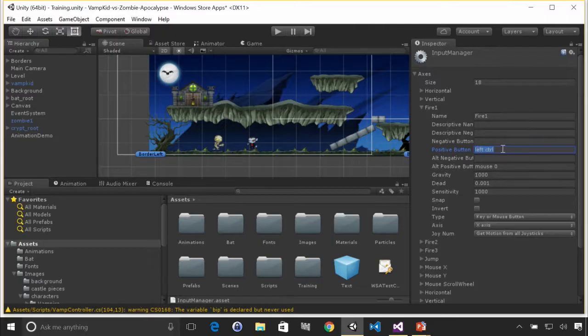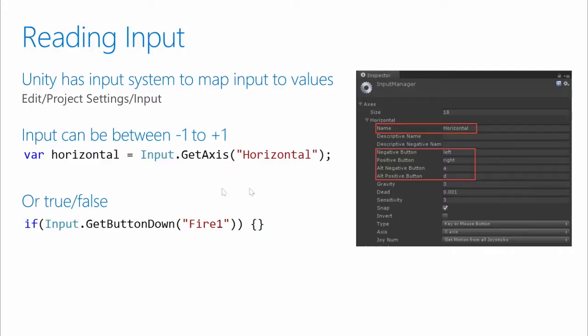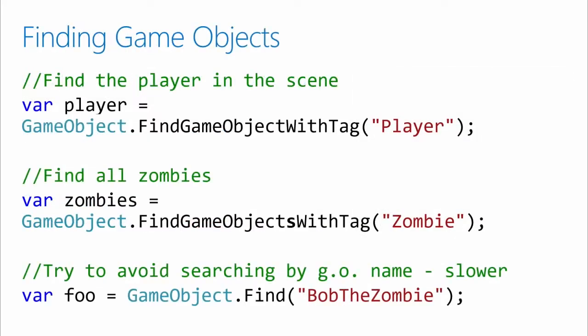My left control button will essentially give me Fire1, or my first mouse button, mouse 0. So if I ask Unity for Fire1, if either of these keys at that particular frame happen to be set, then it will return true. And then I can do whatever action I want for Fire1. So that's how you read input. We'll look at an actual live demo of this in a second.